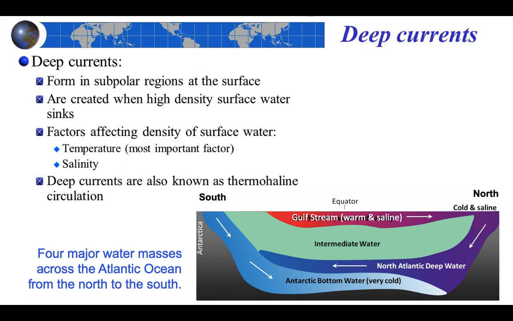And so if you look at this profile, you'll see that in the central Atlantic Ocean, you have extremely warm surface water because of the high solar radiation warming up this water here in equatorial and subtropical regions.